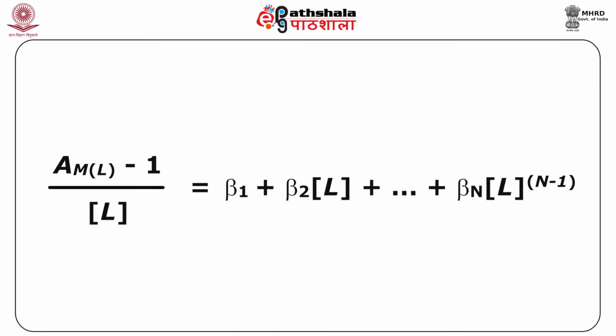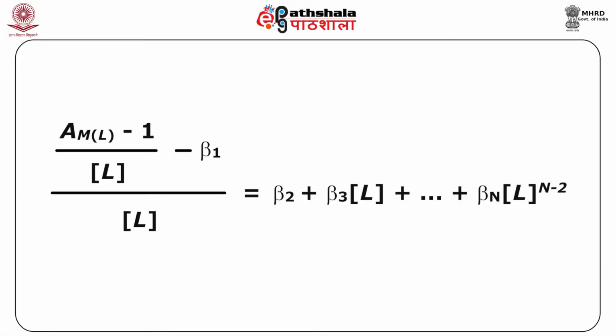On plotting the left side of equation 6 against the free ligand concentration, we obtain the value of beta 1 as the extrapolated intercept of the linear part of the curve. Rearranging the equation, we get (A_M minus 1) divided by L minus beta 1, divided by the free ligand concentration.